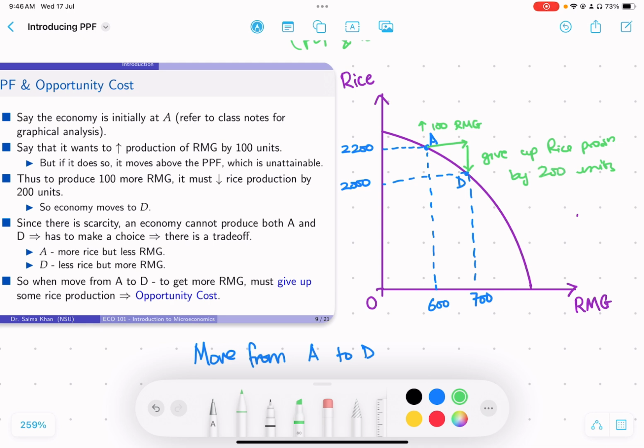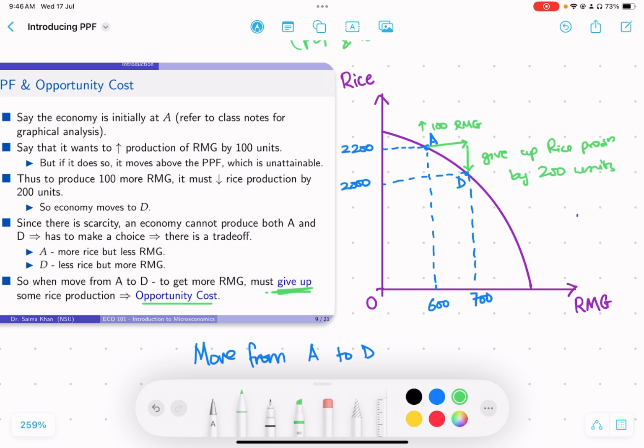Okay, so that's the scenario. So basically, to produce more RMG, the country is giving up some rice production. So the minute you're seeing this giving up happening, essentially this is the concept of opportunity cost.